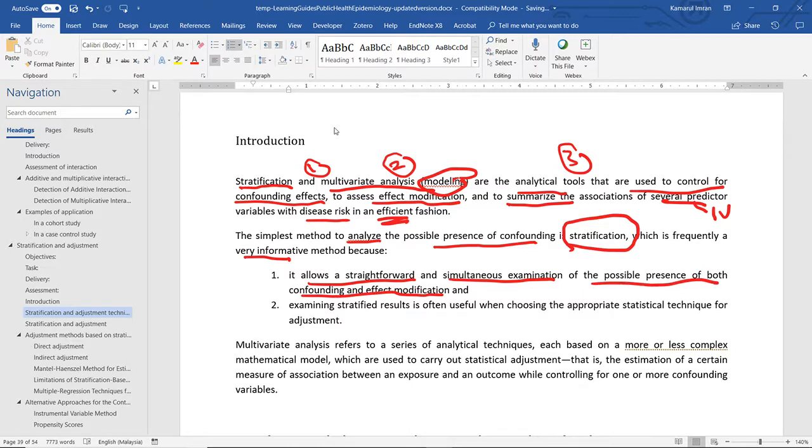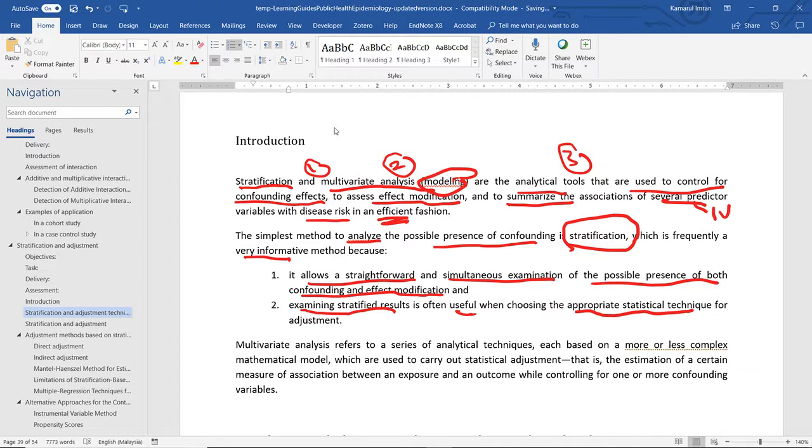So you can test both, number one confounding and number two effect modification. Examining stratified results is also useful because it is one way of choosing the appropriate statistical technique for adjustment.